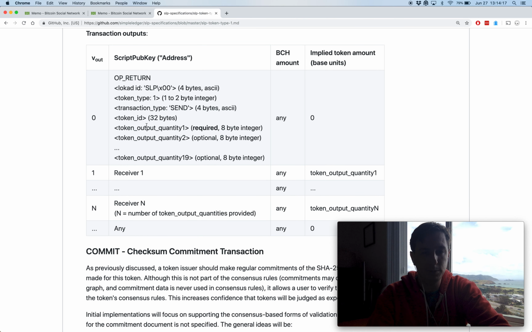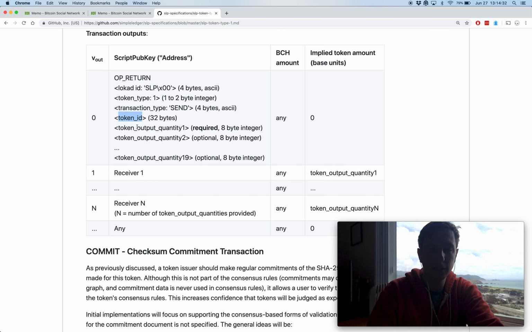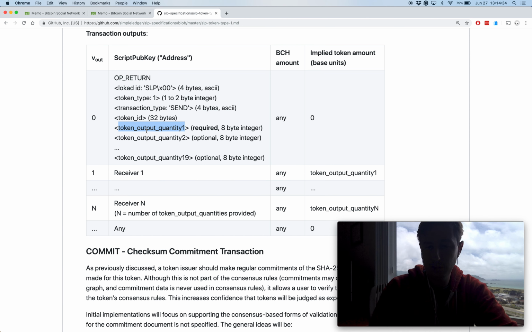Okay, so this is what the op return is supposed to look like in a send. So first you put the SLP prefix, token type 1 always, and then send the hash of the token that you're sending, and then the quantities of the token.